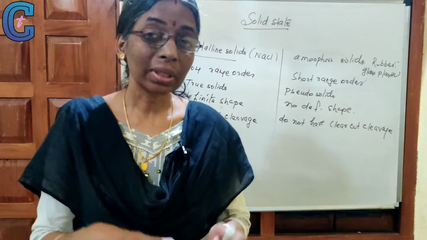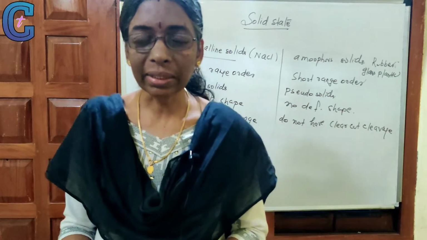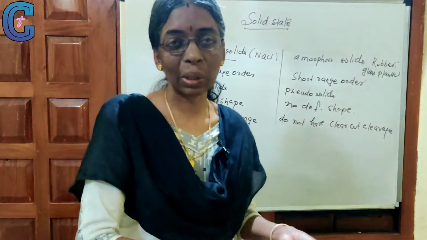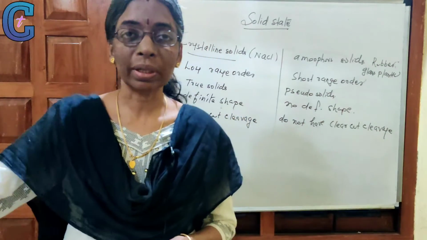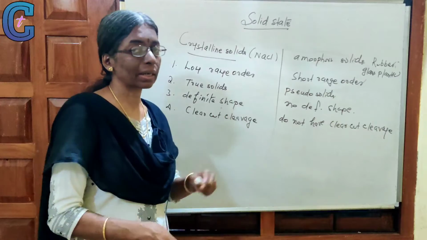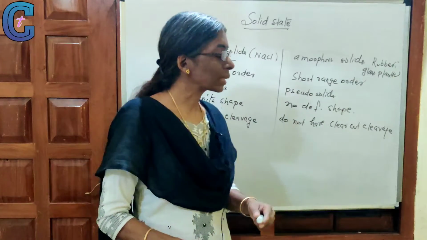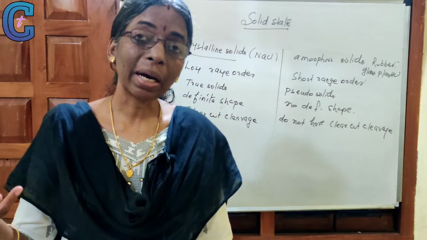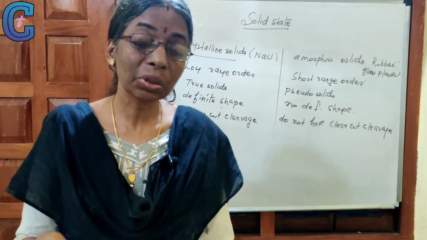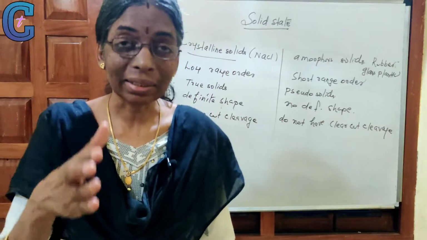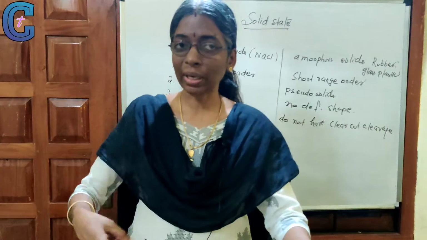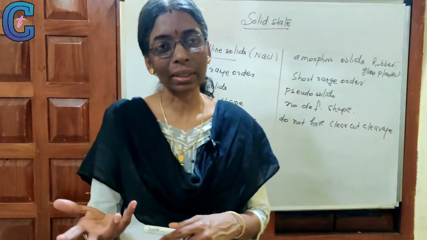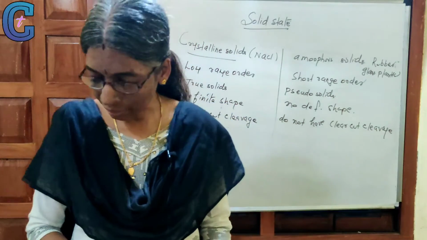If you cut a crystalline solid, you get one regular piece, that is clear cut cleavage. But if we bring unsliced bread home and start cutting it, we don't have the particular knife, so it comes out not clear, somewhere broken, somewhere powdered. That is not clear cut cleavage.